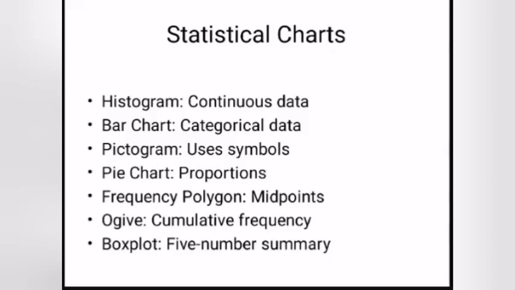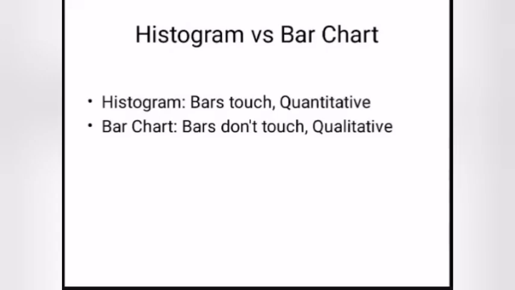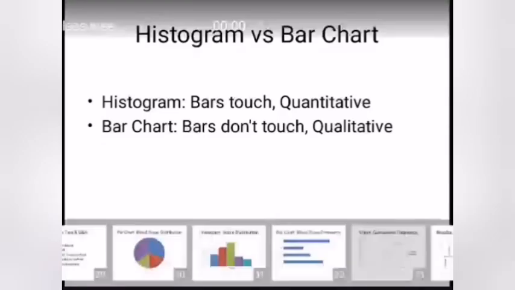These are the different statistical charts. We have histogram, bar chart, pictogram, pie chart, frequency polygon, ogive, and box plots. So, histogram and bar chart together. This is an image.